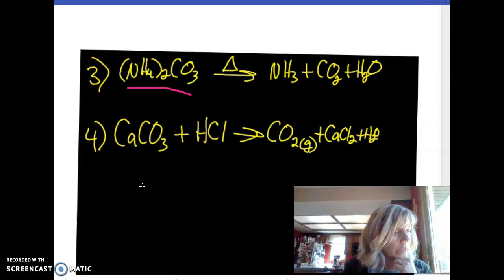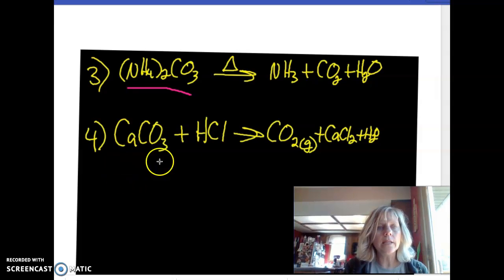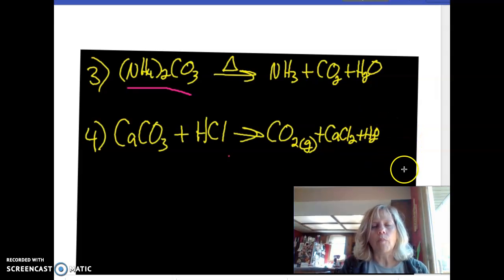Number 4, you combined calcium carbonate with hydrochloric acid, that's HCl. I think we did the lit splint in this one too. The splint was extinguished, and so that would indicate probably carbon dioxide being produced. You probably wouldn't know that water's produced.